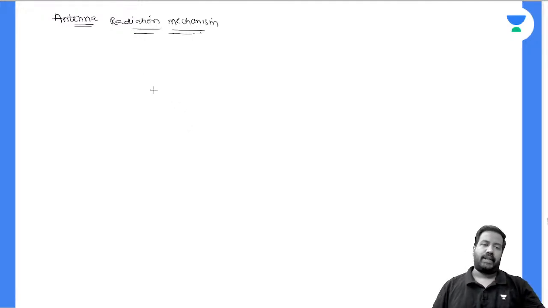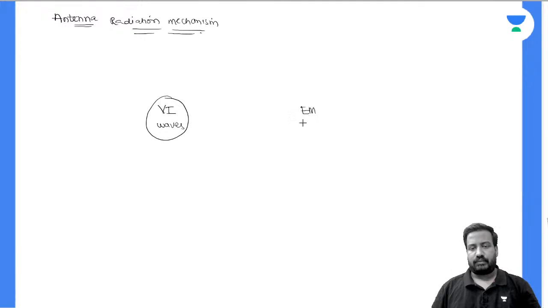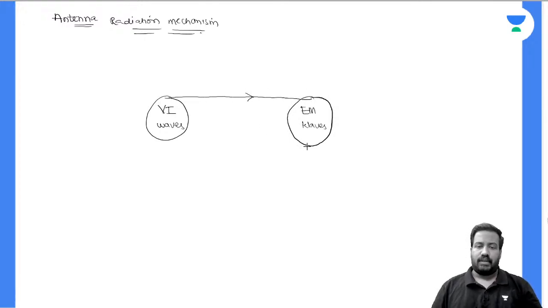So the work of antennas is to convert voltage or current waves into EM waves, and also to convert back EM waves into voltage and current waves.